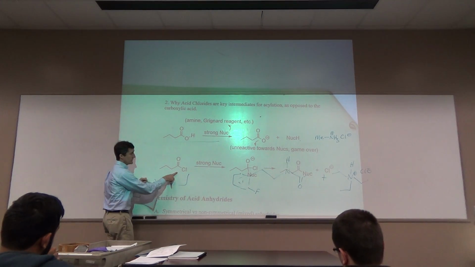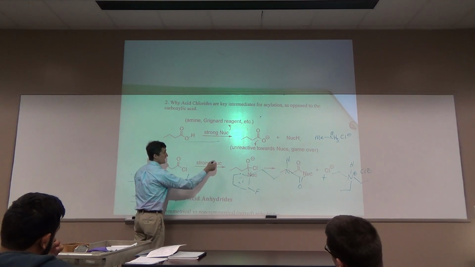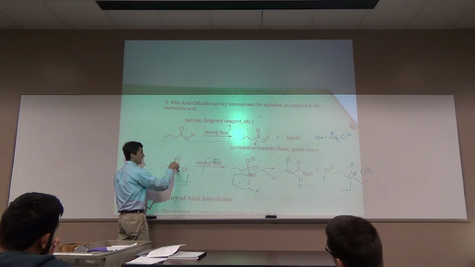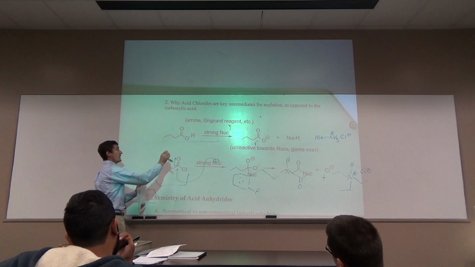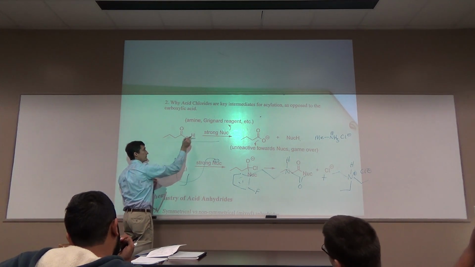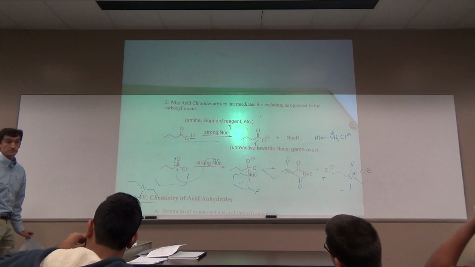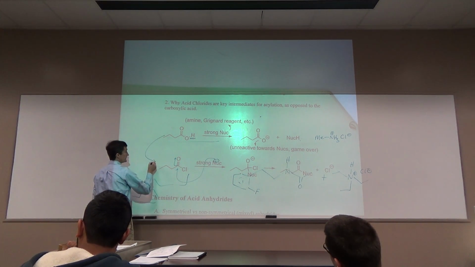Acid chlorides, on the other hand, do not have the acidic proton. So these guys will not act as bases. They will just come in here and do your acyl chemistry. The problem with the carboxylic acid is that it's got the acidic proton, and that will ruin many reactions. That's okay, because we can just convert it to this.